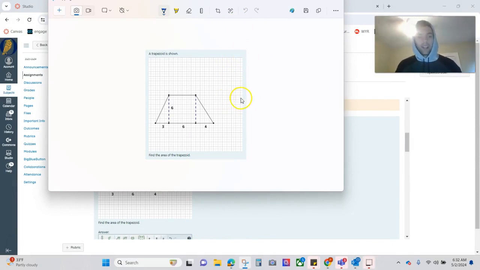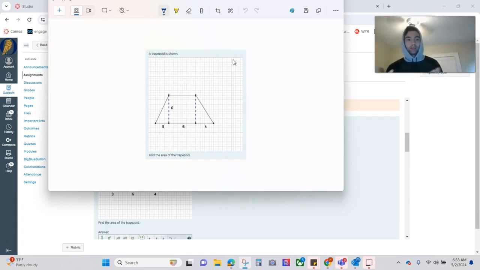Okay, to find the area of this trapezoid, I think we are going to have to decompose the shape into more manageable shapes. Let's decompose this shape by scribbling out the shapes we don't care about and focusing on one at a time.